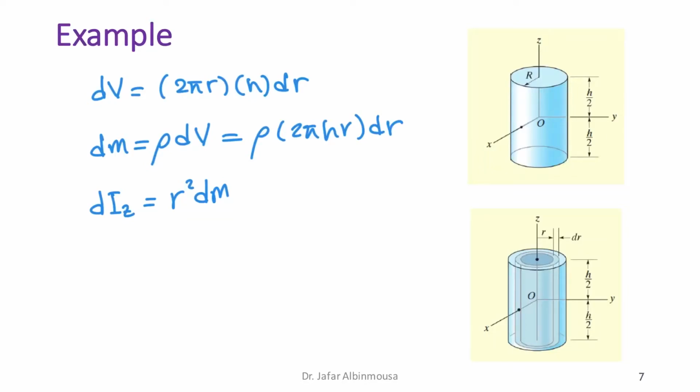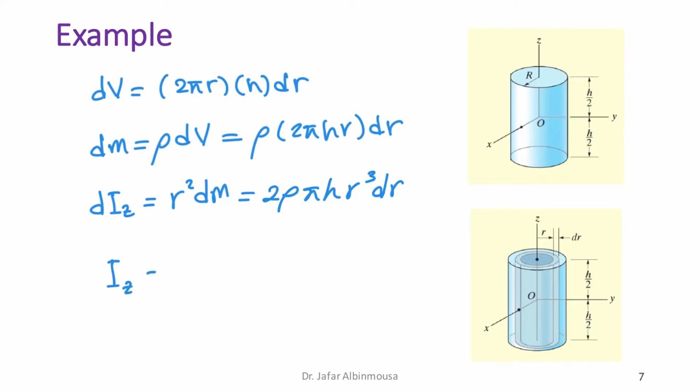Now we substitute and we get 2 rho pi h r cube dr. Now if we want to get the moment of inertia, we have to integrate over the entire body.